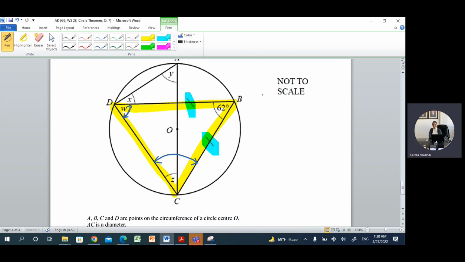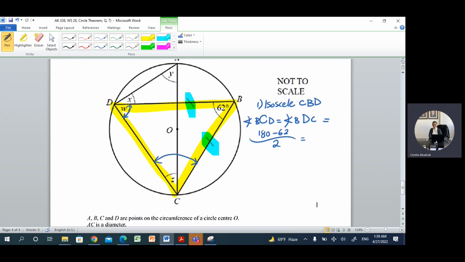So we will start step number 1 by saying isosceles CBD. We're going to say that angle BCD is equal to angle BDC, and they're both equal to 180 minus 62 divided by 2.